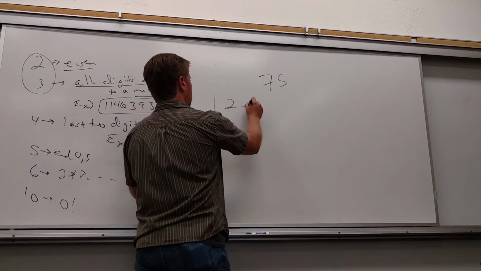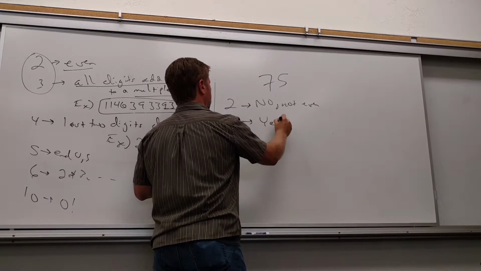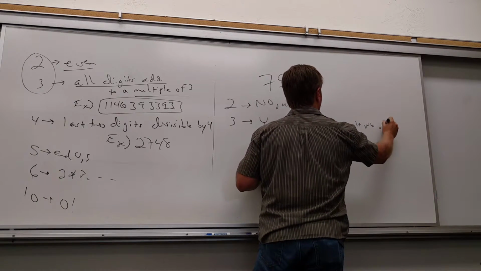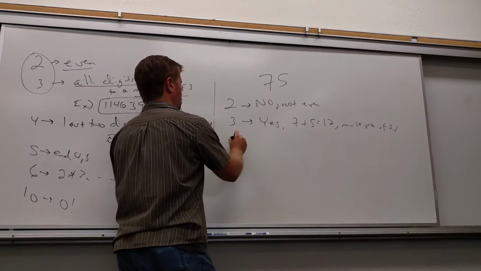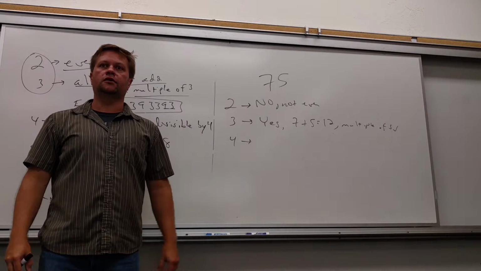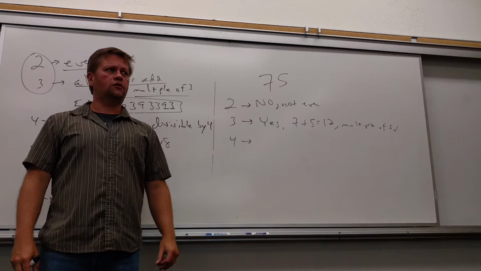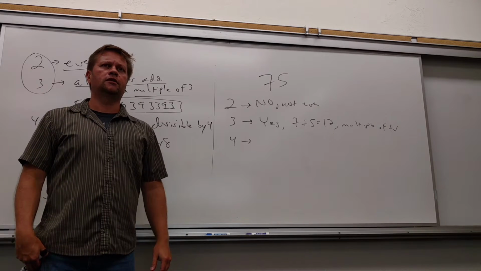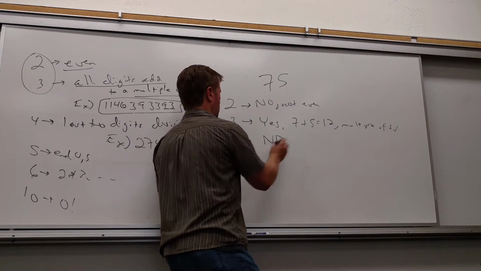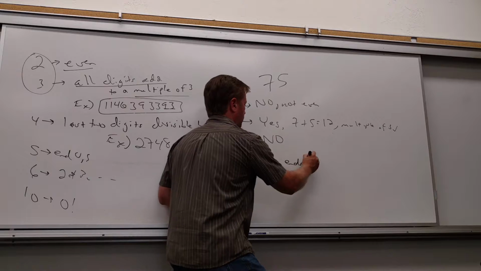So 2, no, not even. 3, yes, 7 plus 5 equals 12, a multiple of 3. 4, there are only 2 digits, but does 4 go into 75? No. 5? Yes, it ends in 5. Okay, I think I've done enough.